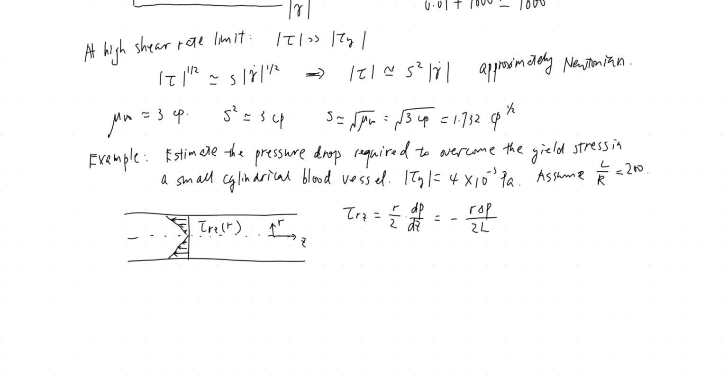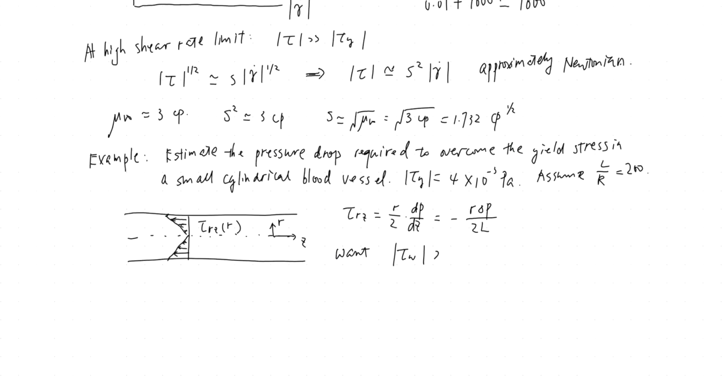But in order to let the blood flow in the blood vessel, at least we want the wall shear stress to be larger than the yield stress. So what we want is tau W on the wall, at least, to be larger than tau 1.